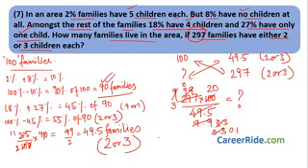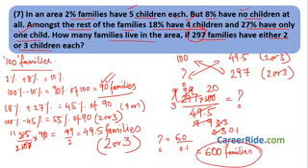So we'll have over here, question mark, 60 upon 0.1, that would be equal to 600 families. So 600 families in total live in the area. When 600 families live in the area, 297 families will have 2 or 3 children as per the given condition. When 100 families live, 49.5 families have either 2 or 3 children, and when 600 families live, 297 families have 2 or 3 children as per given condition.